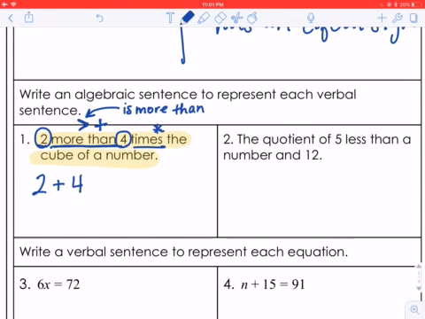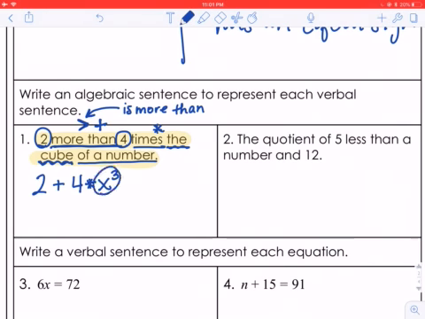times the cube. I know that a cube means to the power of 3 of some number. So I don't know what that number is. You might use x, you might use y, you might use k. I'm going to use x in this case. All right, so what this is saying is I'm taking the cube of a number, right?